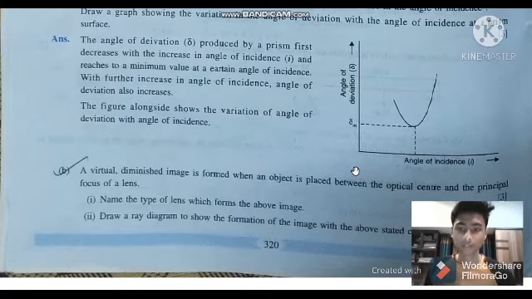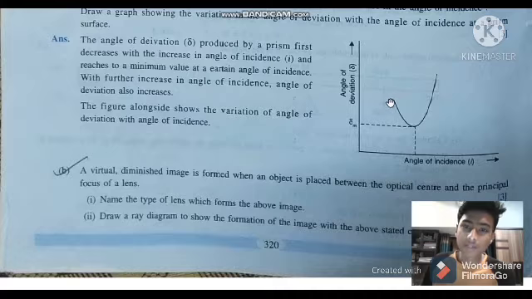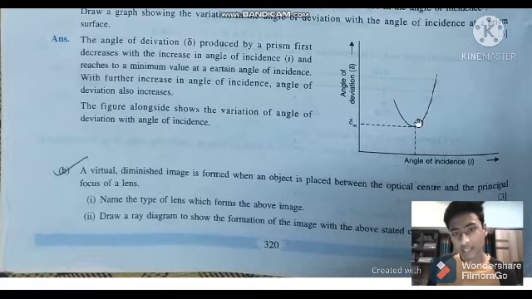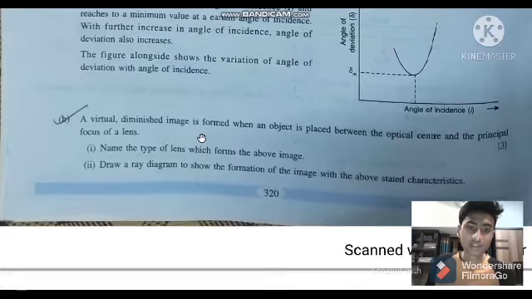It's definitely going to come in your exam. I'm giving you the guarantee. With the increase in the angle of incidence, the angle of deviation is going to decrease, up to a certain extent where there's a minimum deviation, delta min. After that, with the increase in the angle of incidence, the angle of deviation is going to increase. That's written over here, just read it.